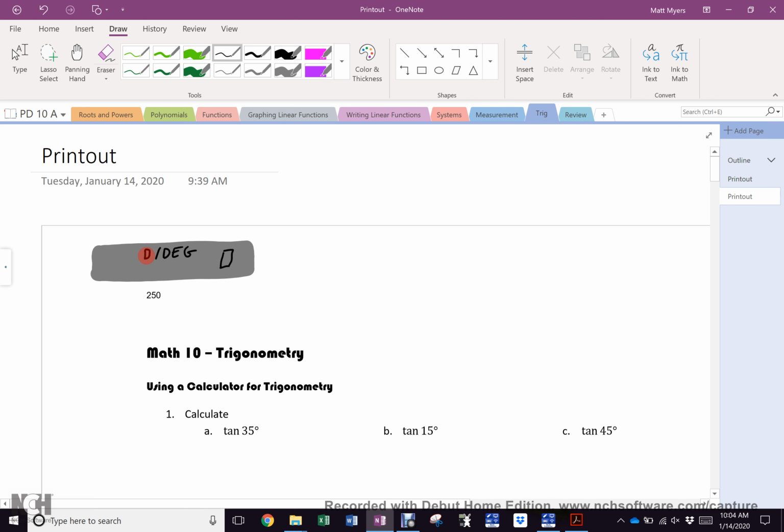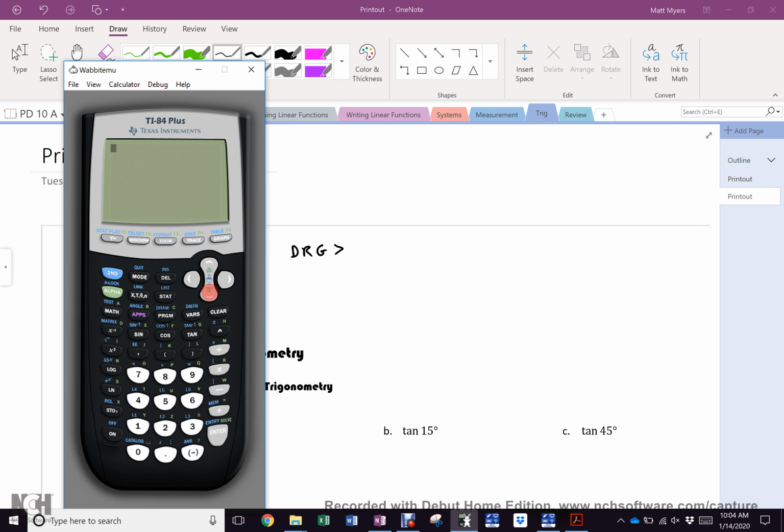If your calculator does not have a D or a DEG, you must look for this button, DRG. It might have an arrow by it. Push that button until your calculator says D or DEG. If that happens, put your calculator down. If you have one of the super fancy calculators like mine, you must push mode.